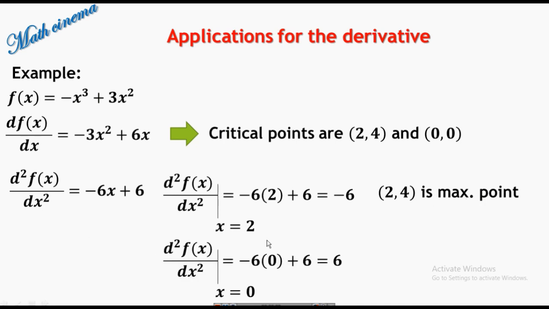And then use the second point. The second point is 0, 0, so the x coordinate of the second point is 0. So the second derivative at x equals 0 is negative 6 times 0 plus 6 equals 6. And since the second derivative is positive, then 0, 0 is minimum point.